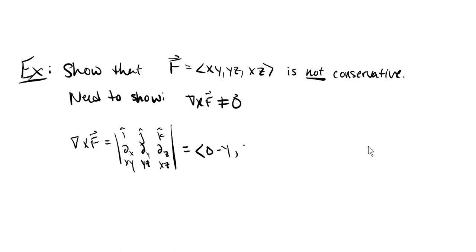So in the j I get 0 minus z. Second guessing myself there, but I think that's good. And in the k direction, I know we've already done this one. I'm just trying to make sure I don't mess it up. In the k direction, we get 0 minus x.